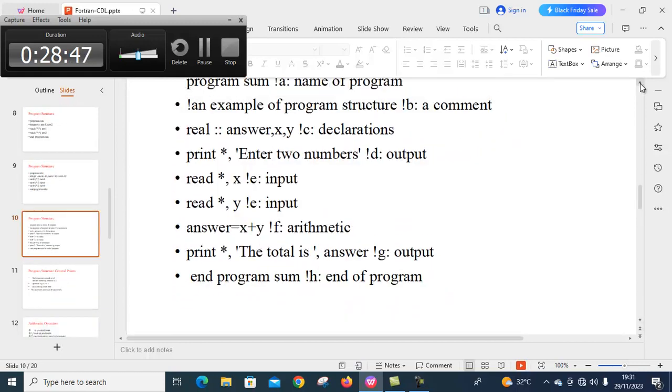As you can see, X plus Y. In Fortran, if you are talking about multiplication, it will be what? Asterisk. If it is exponentiation, it will be double asterisk. Then the next one is print. The total is answer, and the print will give you the output. And the last one here, end program sum. You still end up with the same name.